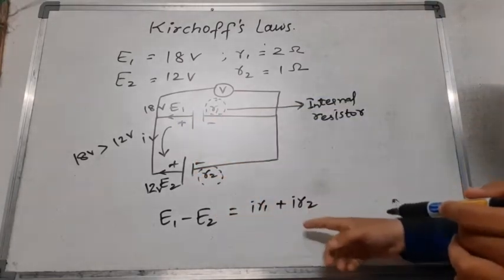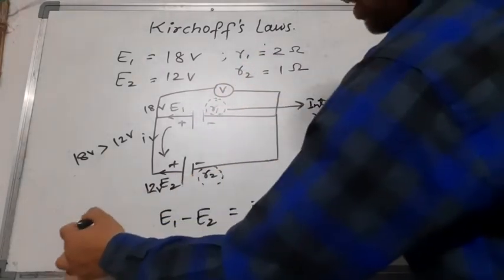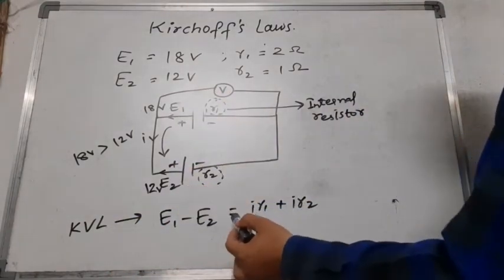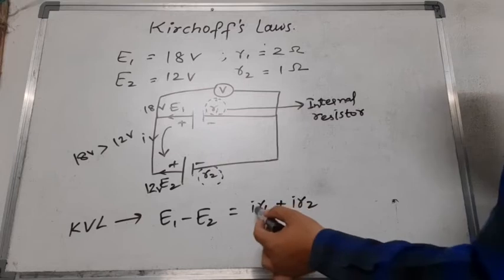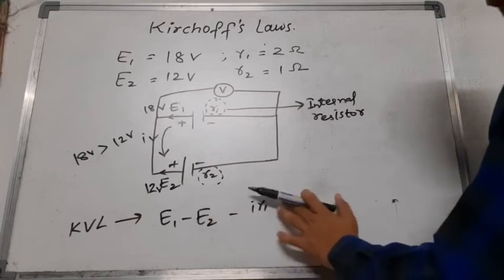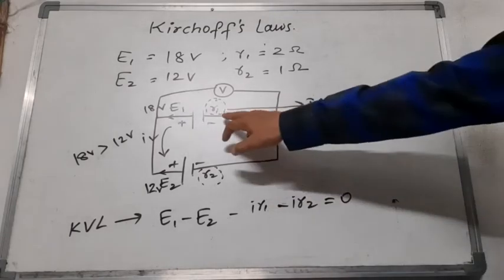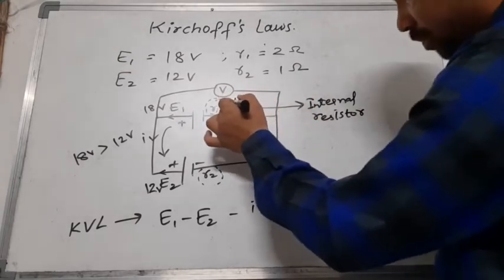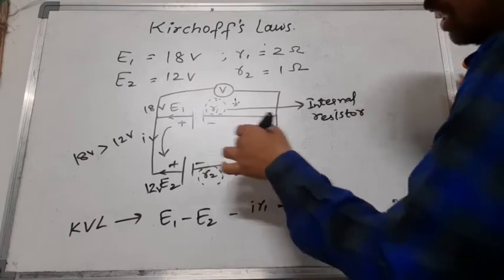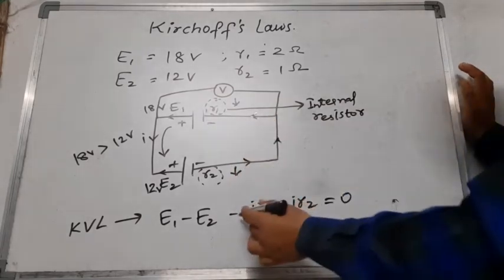So according to Kirchhoff's voltage law, as per the KVL, we get E1 minus E2 minus IR1 minus IR2 is equal to 0, because there is a potential drop at each resistor. They are in the direction of current, so definitely a minus sign will be given for them.